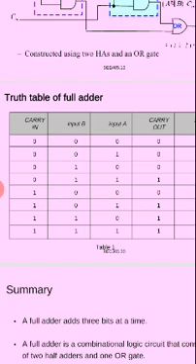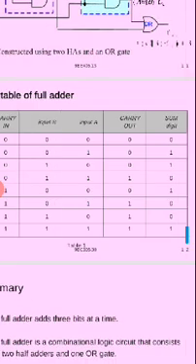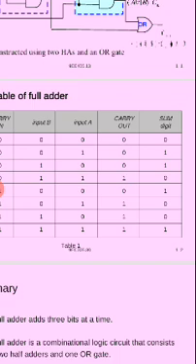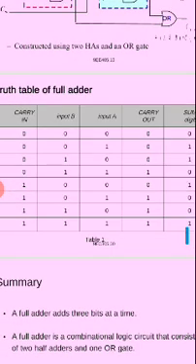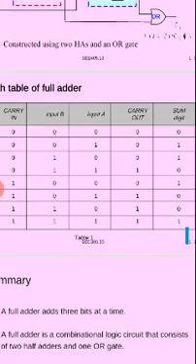For the 0 0 0 combination, carry out is 0, sum is 0. For the 0 0 1 combination, carry output is 0, sum is 1.